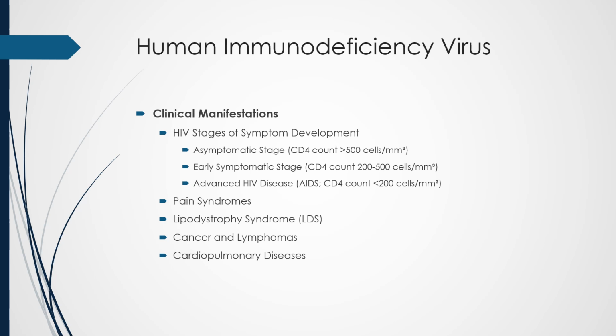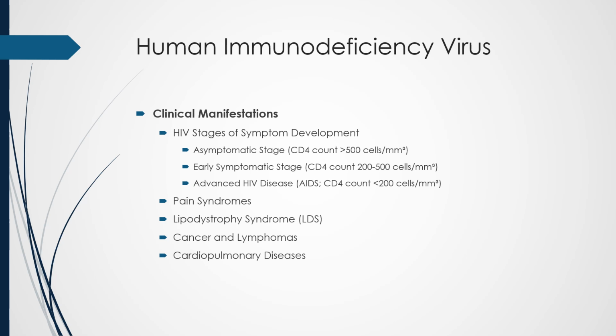There are dermatologic conditions such as Kaposi sarcoma, skin issues like dry, flaky skin, nutritional disorders affecting nails and hair, and pain syndromes: pain from HIV infection, diagnostic procedures, and unrelated causes.